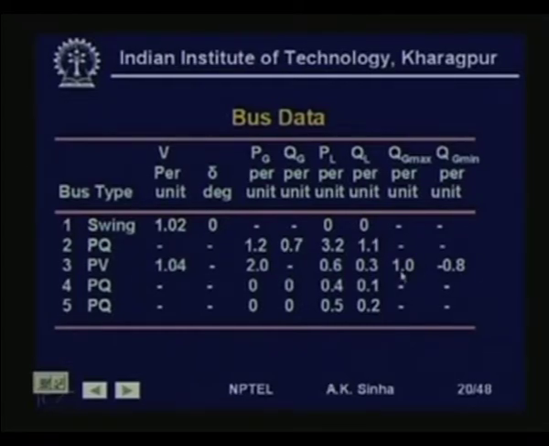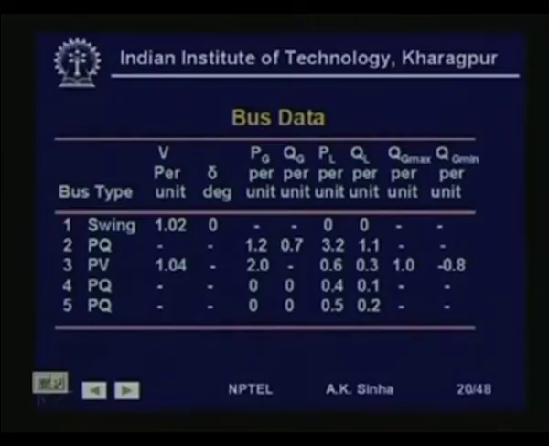That is, at a PV bus we specify the reactive power limits, because excitation cannot go beyond a certain limit. So, the control has to be within the operating constraint of the machine or the equipment. Therefore, the minimum and maximum values of the reactive power are specified at the PV bus bars.